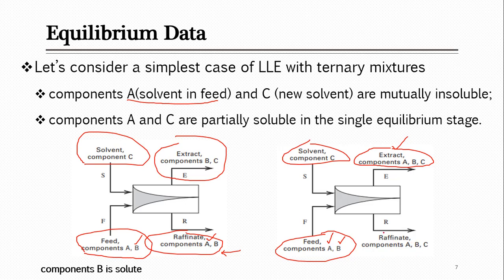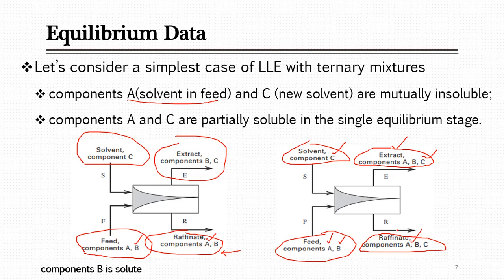That was okay to start with, but now remember that the extract phase is the phase rich in the externally introduced solvent, which we are calling C here. After settling, the phase rich in C, meaning it contains C in the highest amount, is called the extract. The other phase is rich in the initial solvent A, the carrier, which was the initial solvent in our feed. So the phase which is rich in feed carrier is called the raffinate.